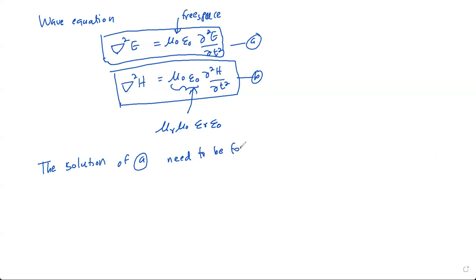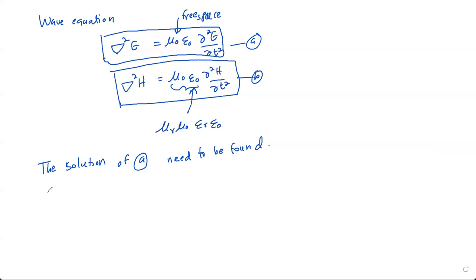In order to find that, we need to make some assumptions that will satisfy some conditions. The reason being, otherwise finding the solution for equations A and B is going to be complex, and at this moment we need to find the behavior of the simplest electromagnetic wave.